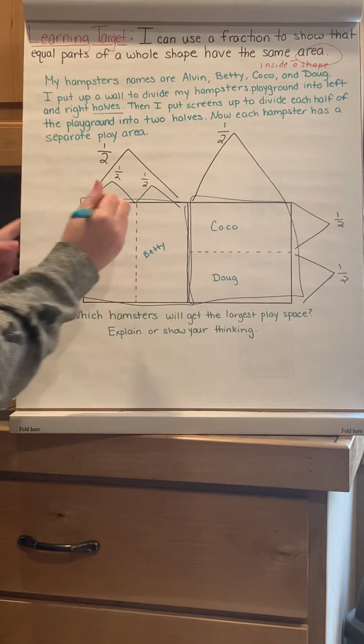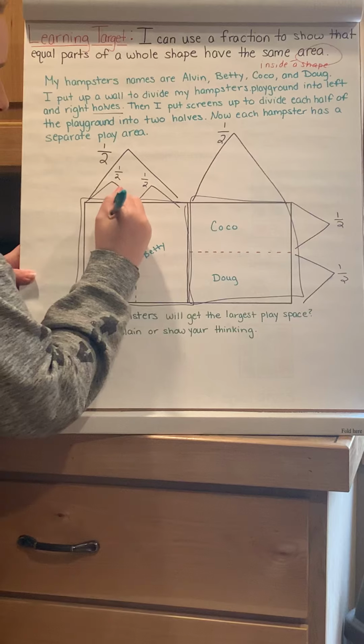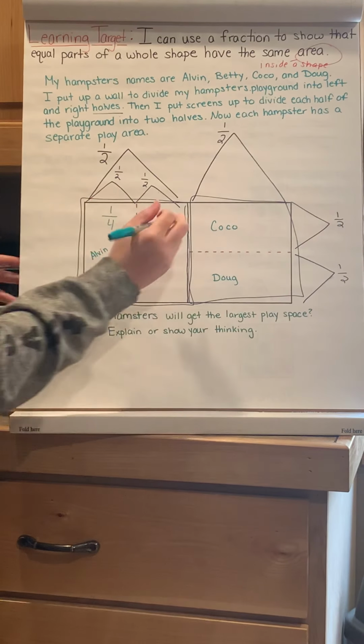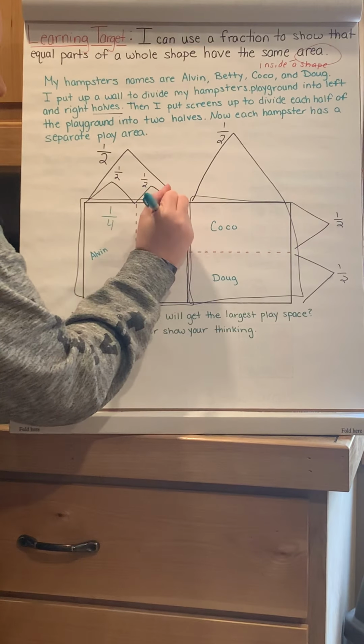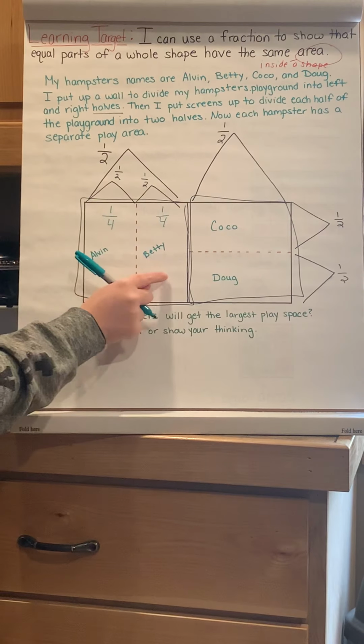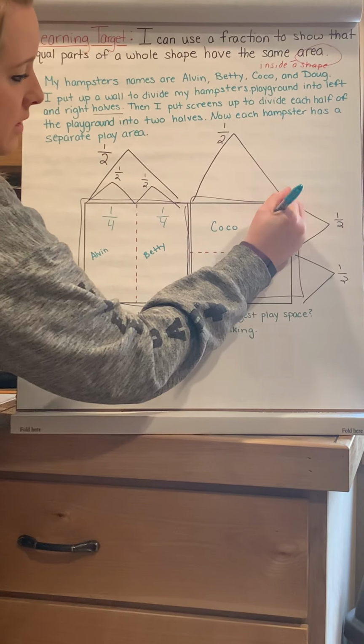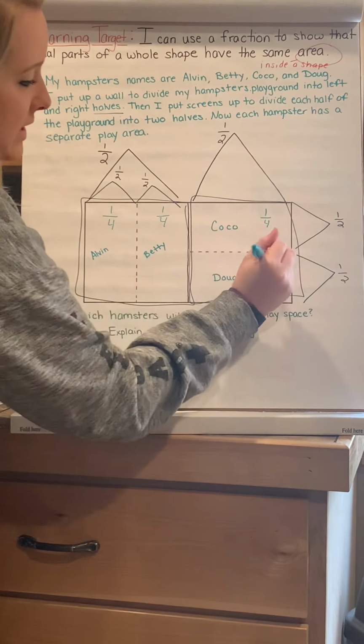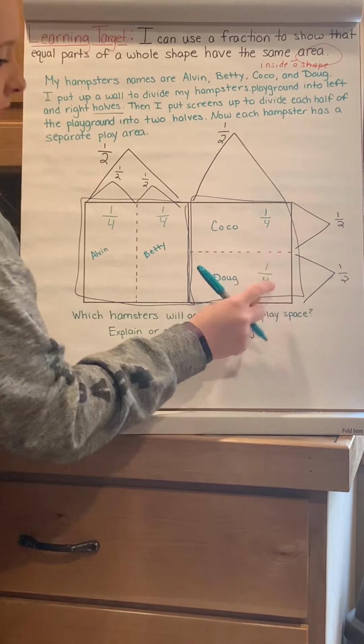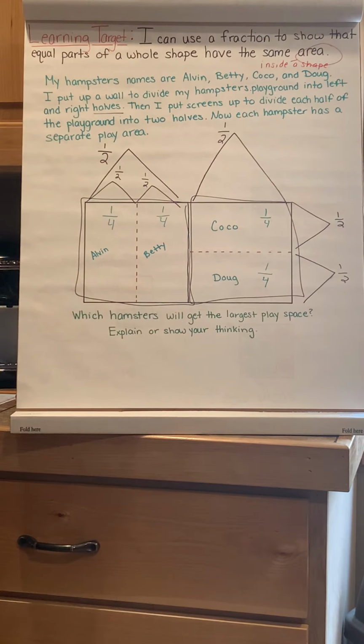So the way I'm seeing it is I have 1/4 of a space, 2/4 of a space, 3/4 of a space, and 4/4 of a space.